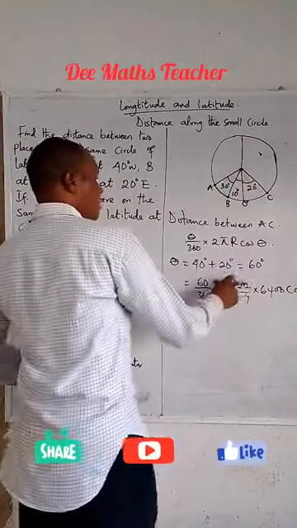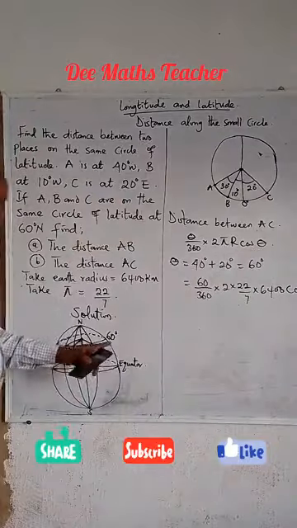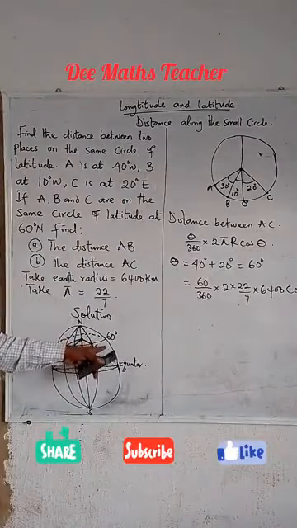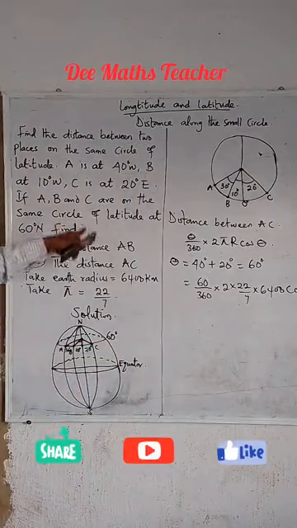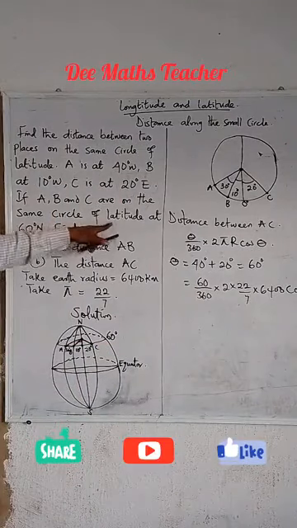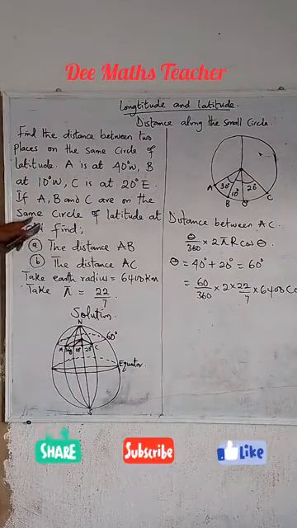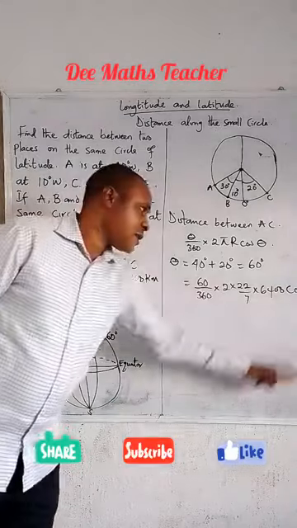Don't forget that this theta is the line of latitude that we are having here. It will be given from the question: we said the latitude is 60 degrees north. So we have 60 degrees here.